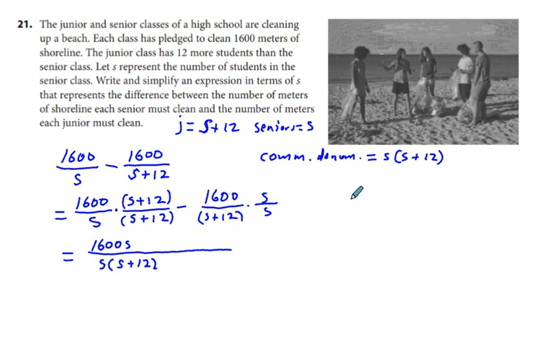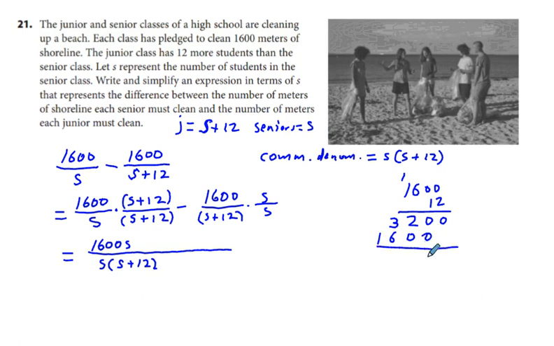Let me just write this here. I think I know what it is. I think it's going to be 19,200. So we have 0, 0, and then 2 times 6 is 12, 2 times 1 is 2, plus 1 is 3. 1 times 1600, so 1600.